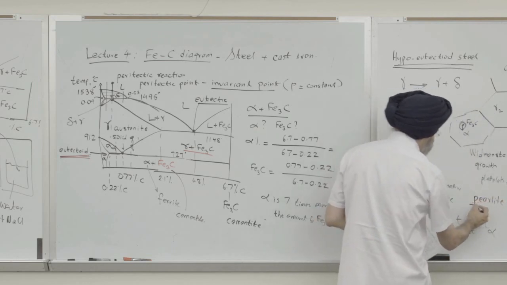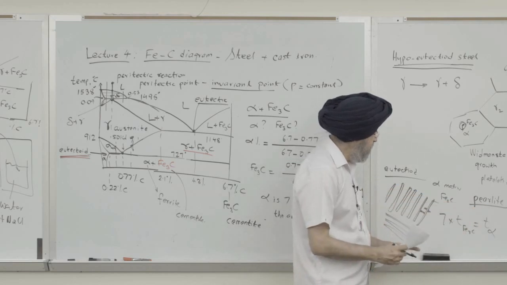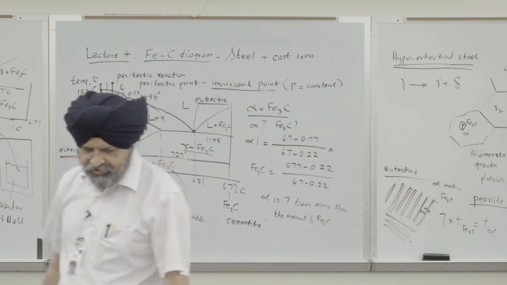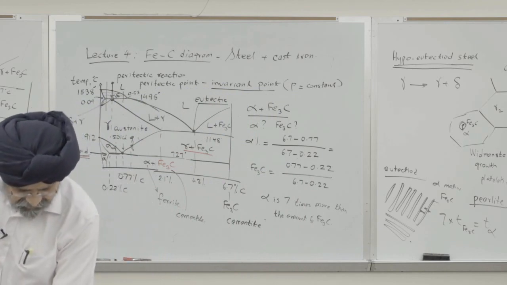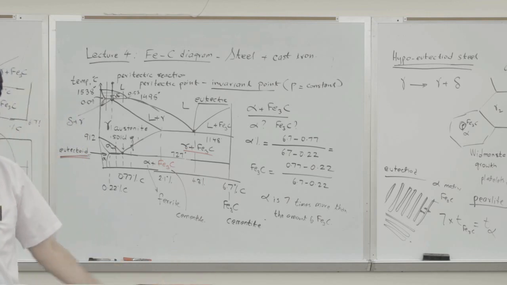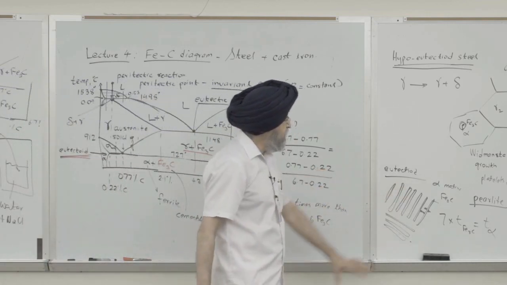So I could have spelled this wrong. So pearlite, I think it's P-E-R-L-I-T-E, right? Let me check the spelling of pearlite. I should know this because I've been only studying this for 50 years, so I should know how to spell. Oh, it's P-E-A-R-L-I-T-E. So it's pearlitic structure.